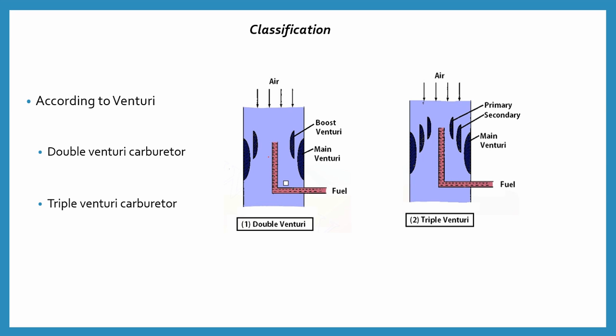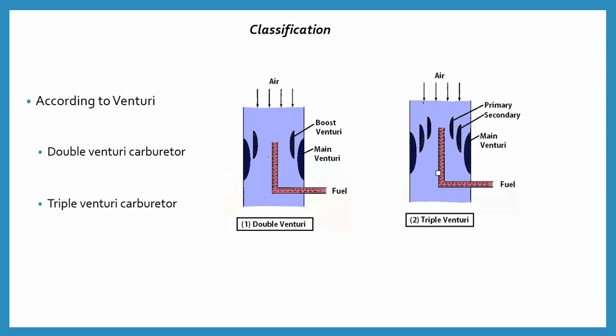When three venturis are arranged in series and contained in a carburetor, it is called a triple venturi. Basically, there are three venturis, namely the primary venturi, the secondary venturi, and the main venturi.